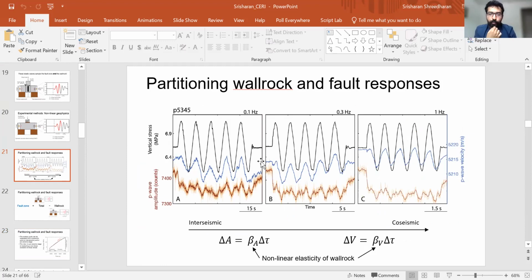If your question is why the velocity variations are so much more prominent than amplitude variations, why velocity depends so strongly on the stress versus the amplitude, I don't have a great answer for that. I think partly it could be that velocity depends on elastic modulus, right?